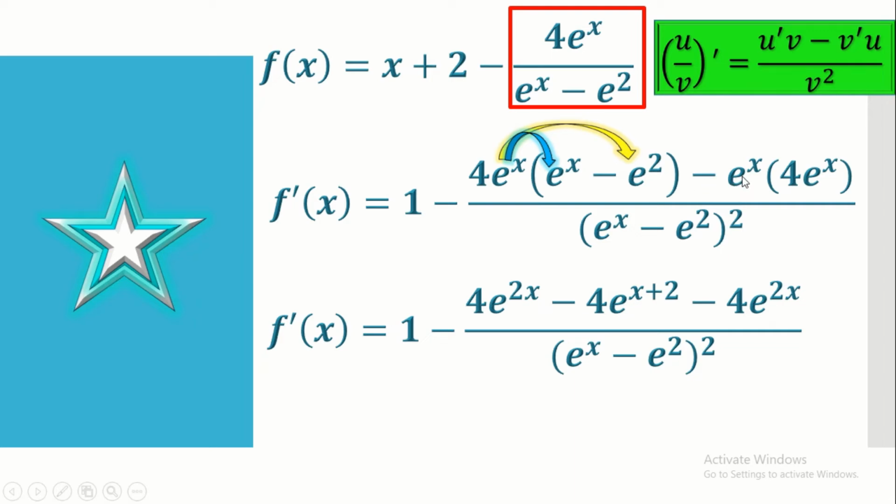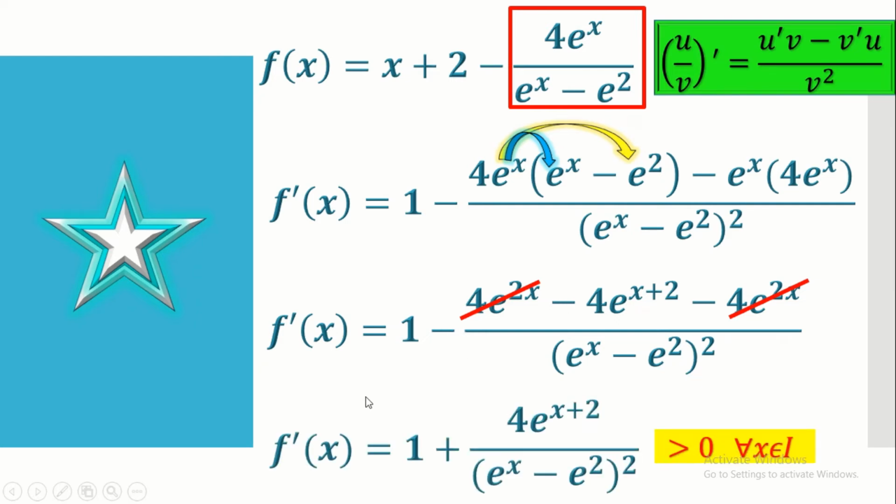Also here we can multiply exponential x times exponential x, it gives us exponential 2x, so it's 4 exponential 2x. Note that here we can also simplify, we get minus 4 exponential x plus 2 over exponential x minus e squared all squared. Now if you note, we can multiply minus times minus, it gives us plus. Therefore f prime of x is equal to 1 plus 4 exponential x plus 2 over exponential x minus e squared all squared.